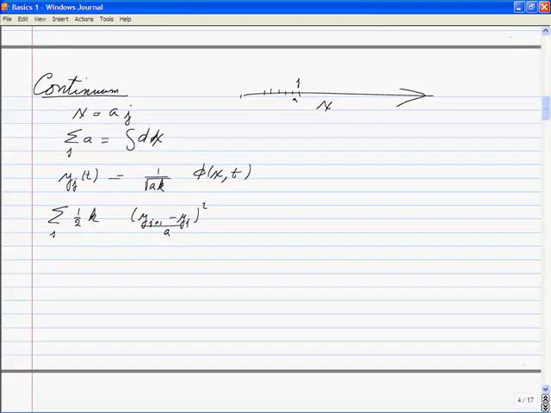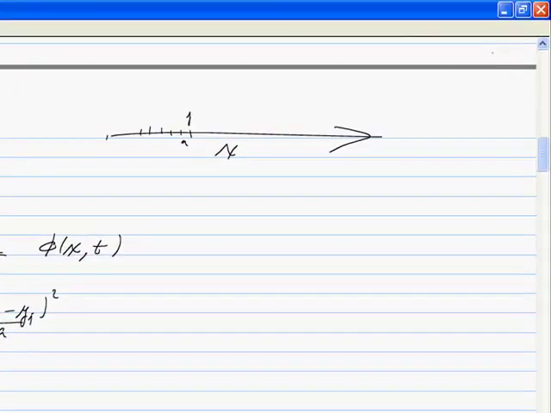I'll divide this by a and write a squared there. Okay, well, you can recognize the derivative there, the (y_{j+1} minus y_j) divided by a for small a is just the spatial derivative. That's that definition.